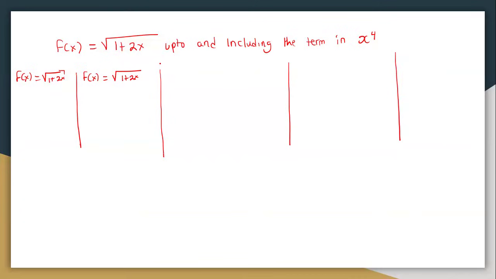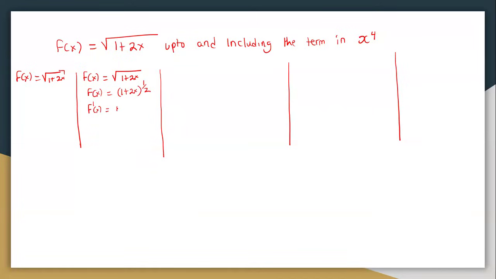Good morning, sir. f of x is equal to root of 1 plus 2x, but it's the same as 1 plus 2x power a half. Very good. Then we drop the power, then we minus the power by 1.